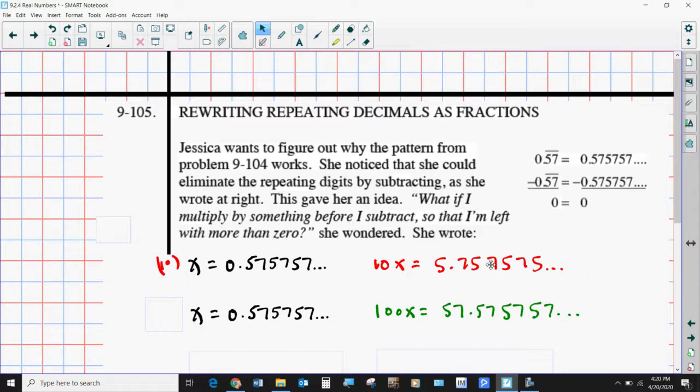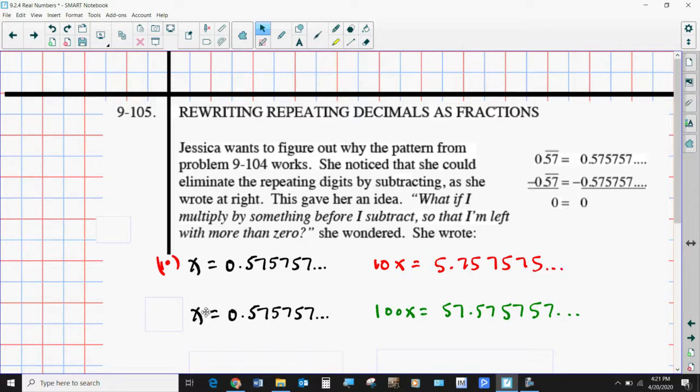But on the right side, because we're not able to multiply the digit on the far right because it goes to infinity, we have to remember that anytime you multiply a number times 10, you either add a 0 to the right, like for 6 times 10, or you move the decimal one place to the right, which is what's going to serve us here. So when I multiply 0.57 repeated times 10, it becomes 5.75 repeated, or 5.757575 all the way to infinity.